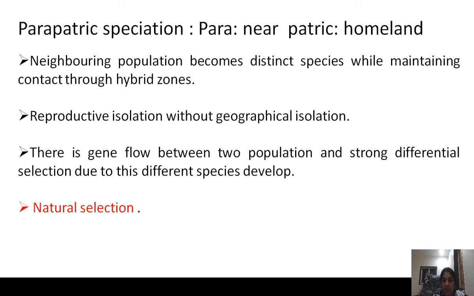For example, some mutations or some recombinations occur, and from that mutation or recombination, some variations arise. If the variation is favorable, then the variation is adapted. If the variation is advantageous, then and only then is it adapted. Otherwise that population or species will perish, or will not survive.